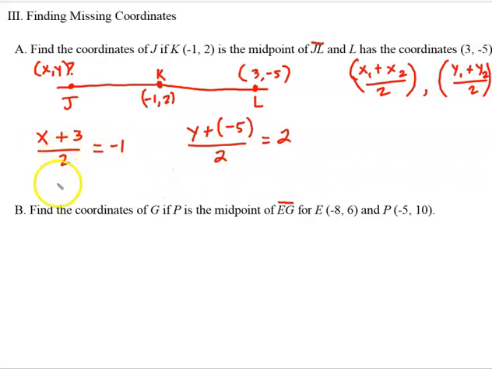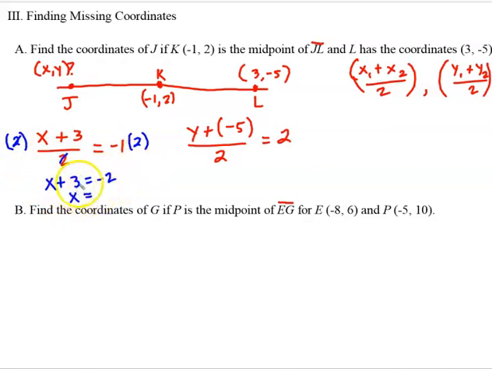And solving for x will mean getting rid of this denominator. So my first move will be to undo division by 2, and we undo division with multiplication. So I'm going to multiply both sides of this equation by 2, which will cause these 2's to cancel. And that gives me x plus 3 is equal to -2.